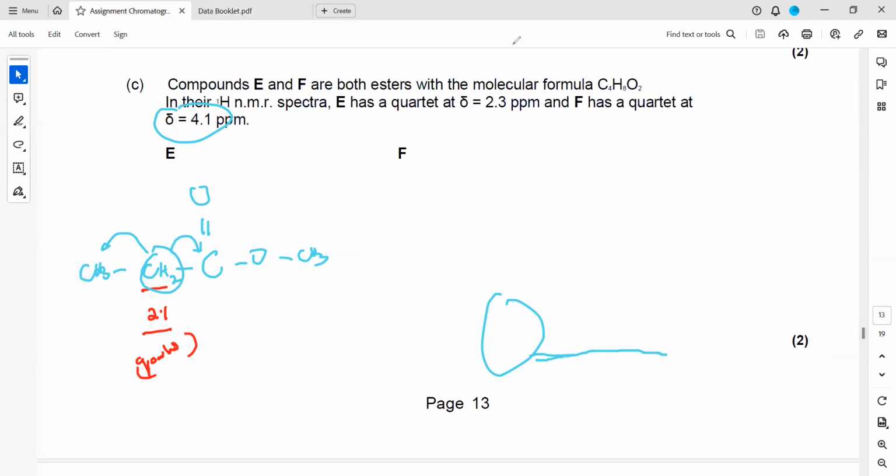So it will be C double bonded with O and O. And this side, CH is there, it can be any, CH is an example. This will give us a peak of 4.1 and it is giving a quartet.